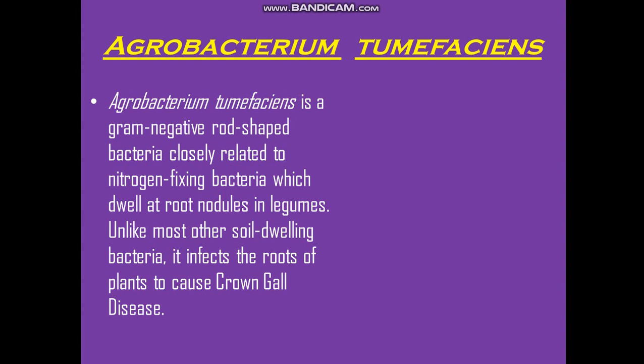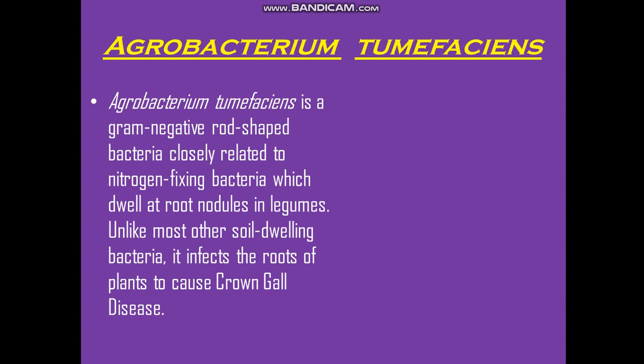Agrobacterium tumefaciens is a gram-negative rod-shaped bacterium which is closely related to the nitrogen fixing bacteria. You remember the nitrogen fixing bacteria present in the root nodules of leguminous plants. Similarly, these are also of the same family.